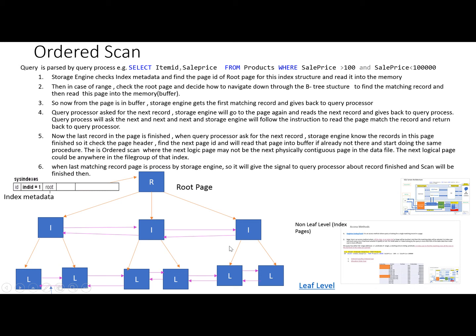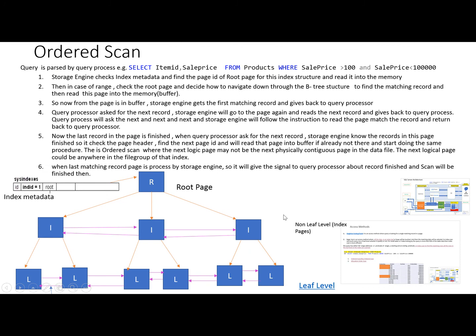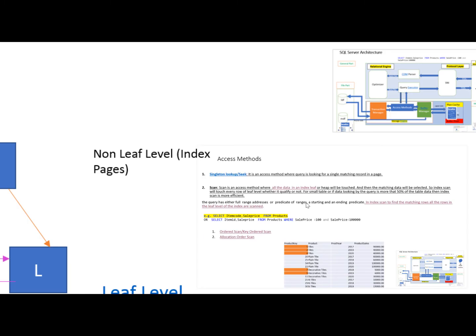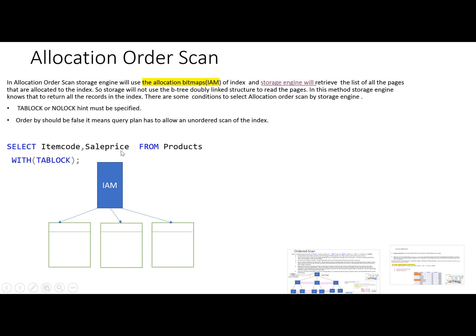This is the logical order. While in the allocation order, it will not do that. It will read all the pages from the allocation order bitmap, and it will return those pages in the same order in which they are allocated.